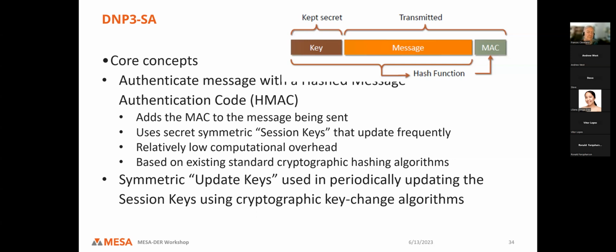And we also include some mechanisms in the process, including a message sequence number, so that even if you repeat the same message payload, there's some other information that gets updated on every transmission so that the receiver can identify if it's a replay of a previously received message. And that way we can reject that recording and replay attack. So for this to work, we have this symmetric update key.